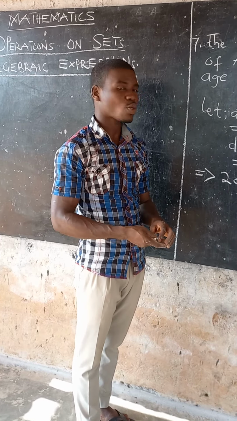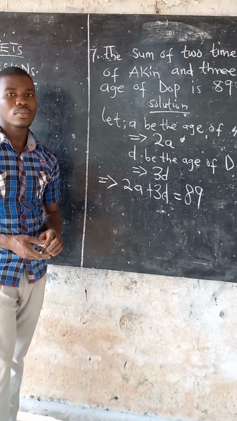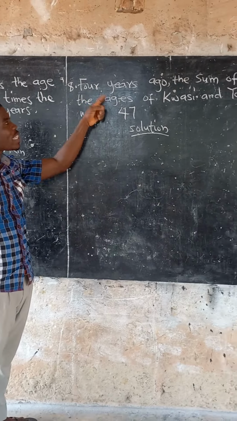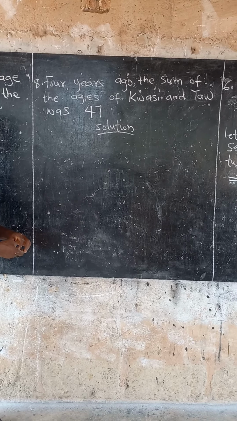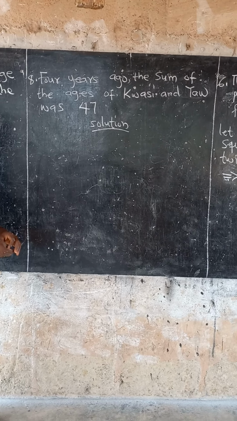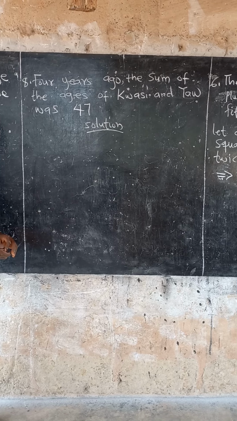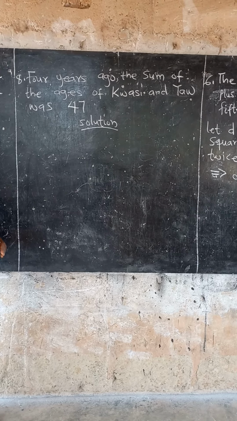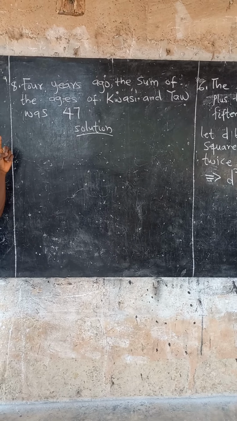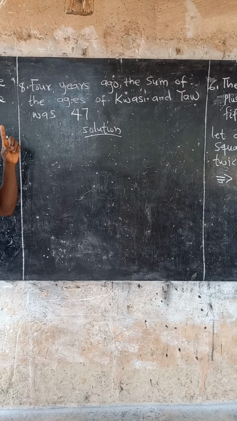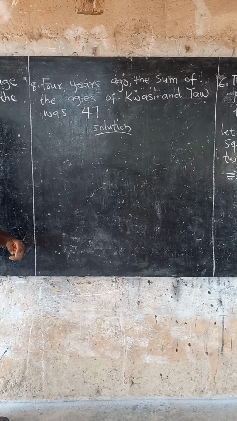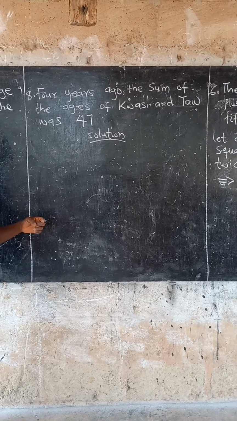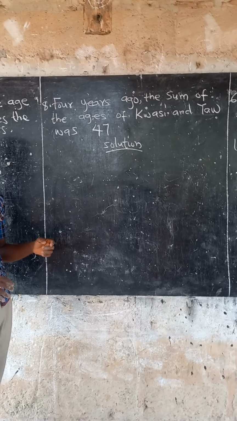Let's look at the last one. So 4 years ago, the sum of the ages of Kwesi and Yao was 47. This one, if you don't analyze it very well, you are going to get it wrong. It is saying that 4 years ago, it means it has passed.